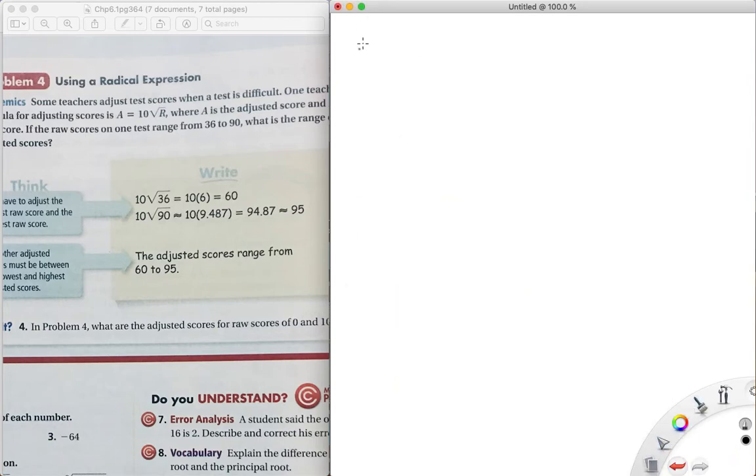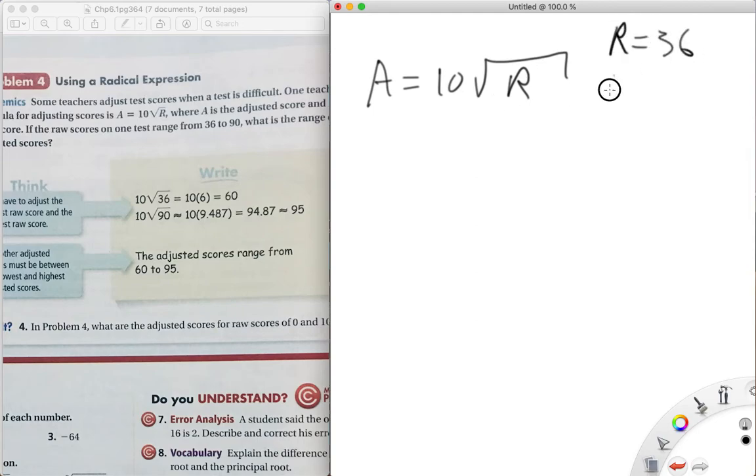So we have the adjusted score, which is equal to 10 times the square root of R, for raw scores, or the actual scores, the score that you guys actually got. And they want what the updated scores would be from a range of 36 to 90. So if we do R equals 36 and R equals 90, we have two scenarios.